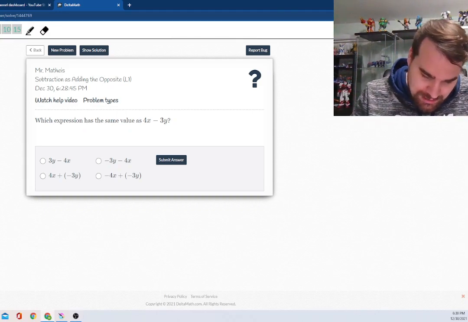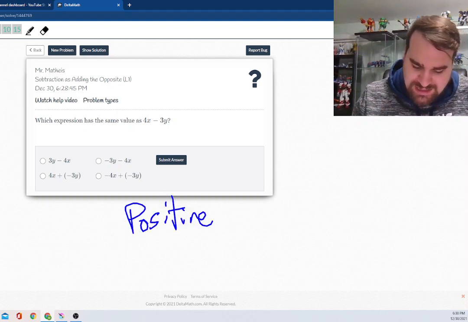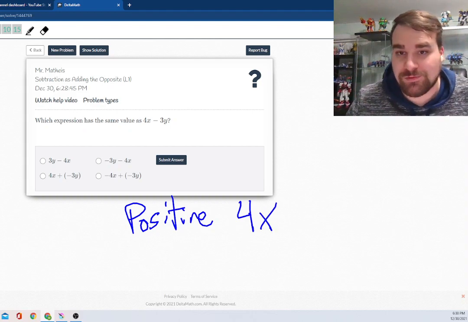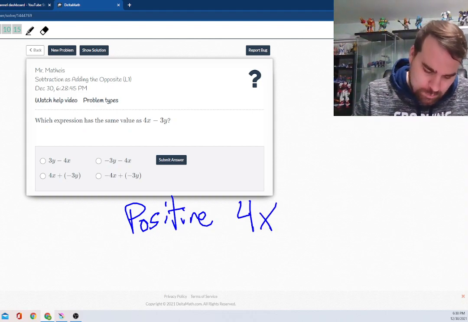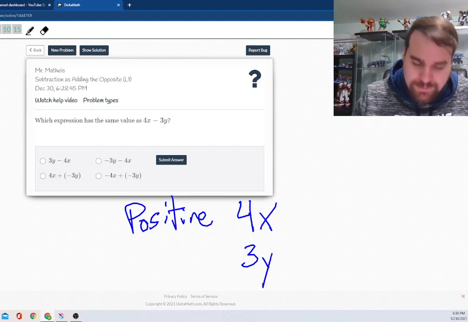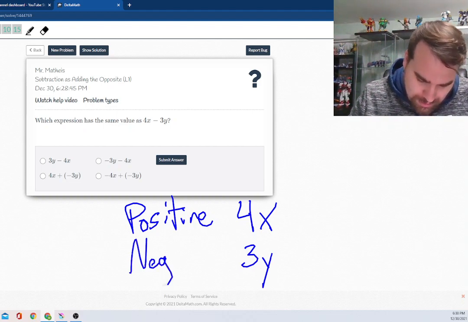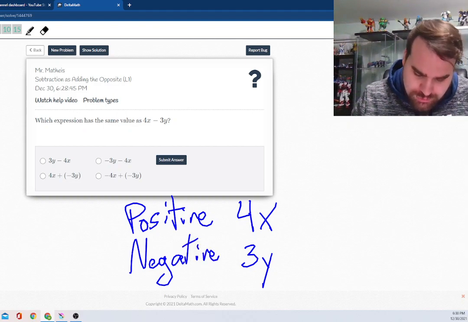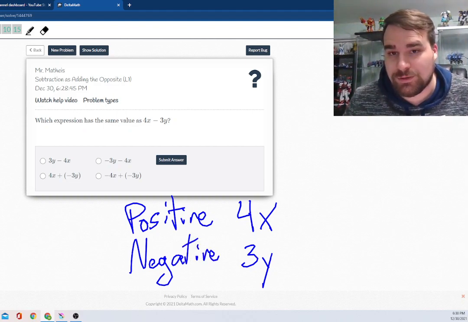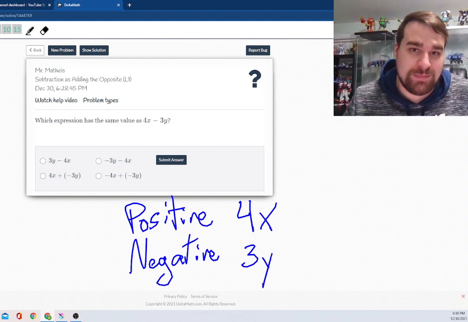We have a 4x at the beginning, and I want to make sure I note its sign. It is a positive 4x. And then what about the 3y? What's special about it? It's negative, right? So I want to make sure I know those two pieces of information. They're really critical going into looking at my answers.